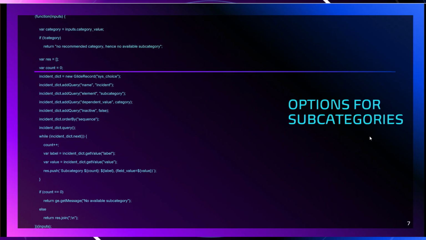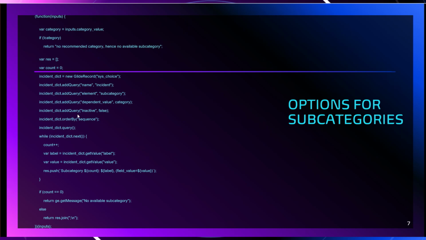Then for the option for subcategory, you can see we have an input to provide the category value. If the category does not exist, we return no recommended category. Otherwise, we go through the same logic. The option for subcategory is the same logic as the category record, searching the choice table based on instance and name, and you have the subcategory and category information, then return the value.